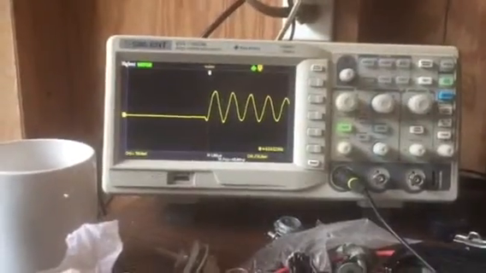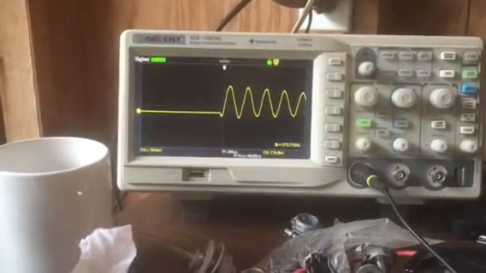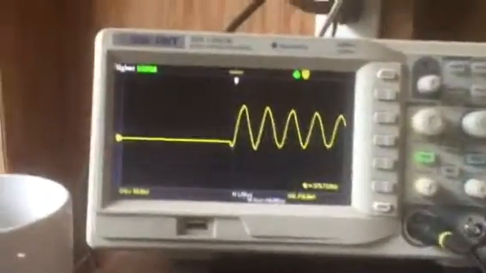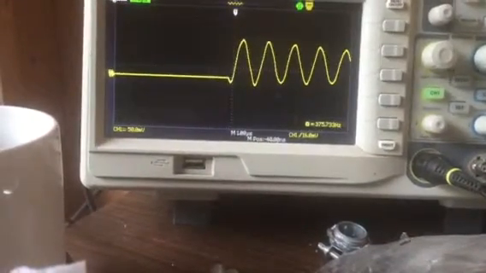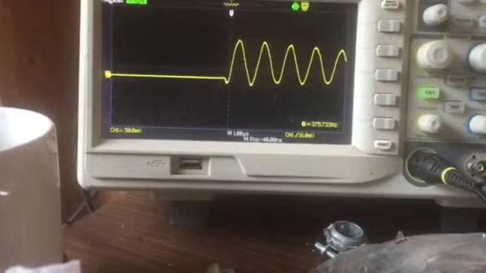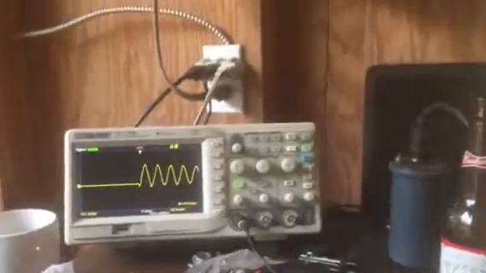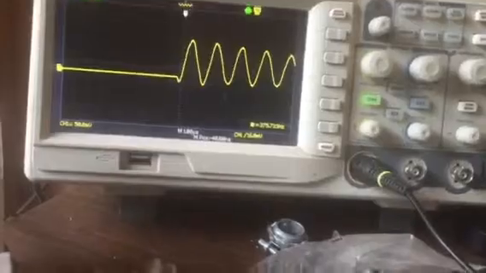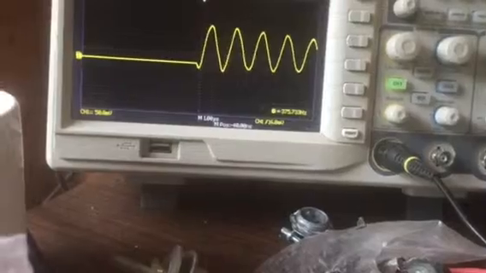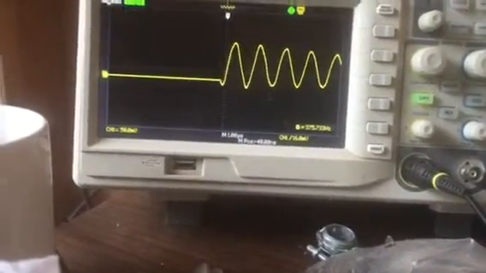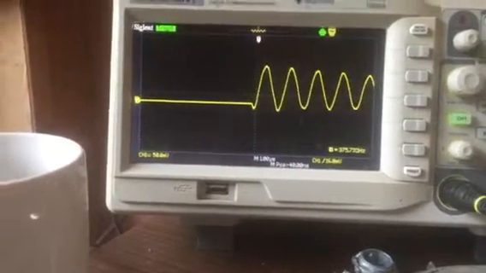Now let's turn it up in frequency. And one thing about those crests, the wavelength that we're looking at is the distance between the crest peak and the next one.